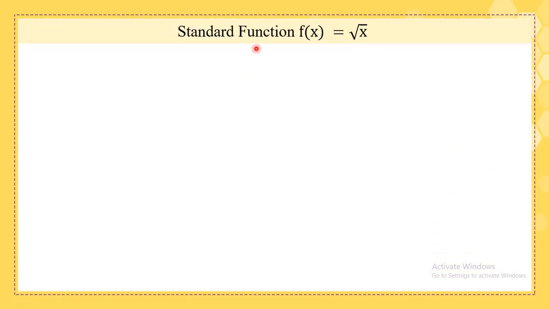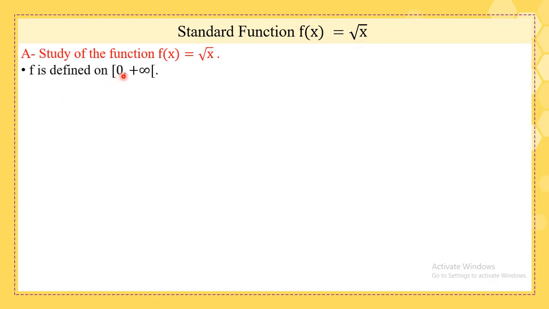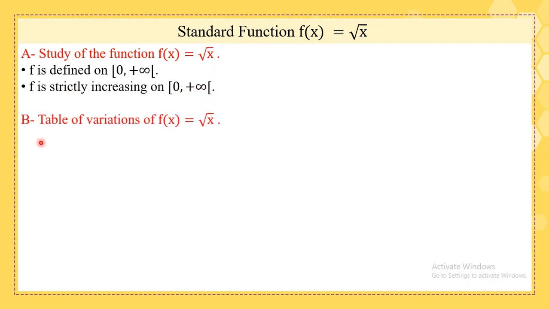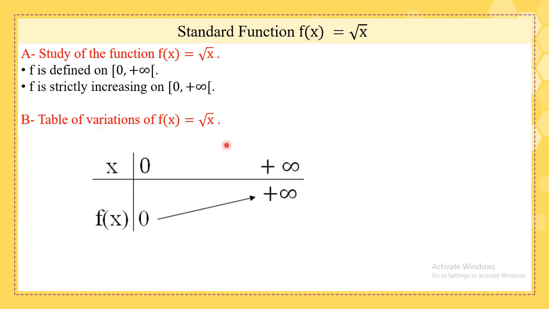Now, the standard function f of x equals radical x. The domain of definition of f is 0, plus infinity, since we have a radical here and we can't put a negative value under the radical. f is strictly increasing on 0, plus infinity. The table of variations of f of x is: for x going from 0 to plus infinity, f of x is increasing from 0 to plus infinity.